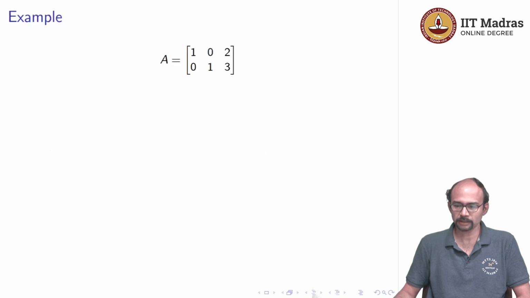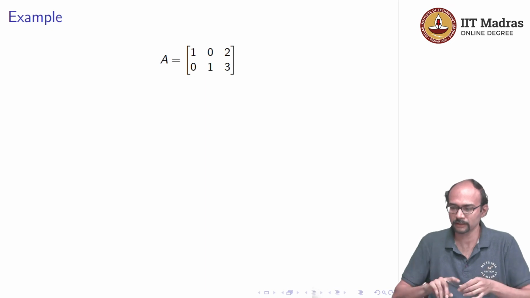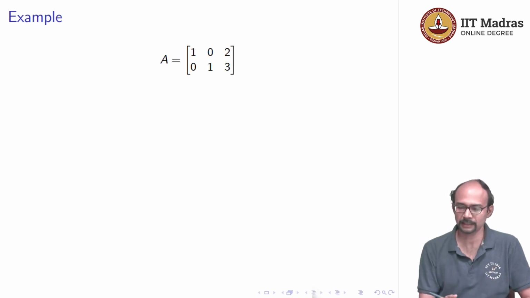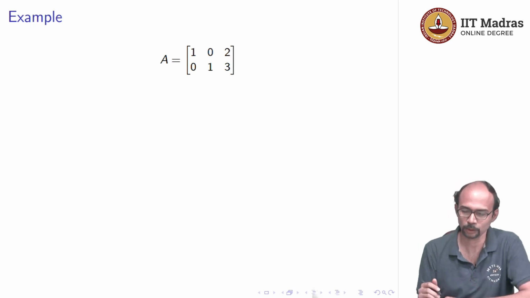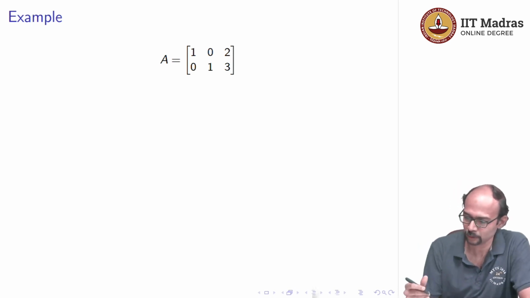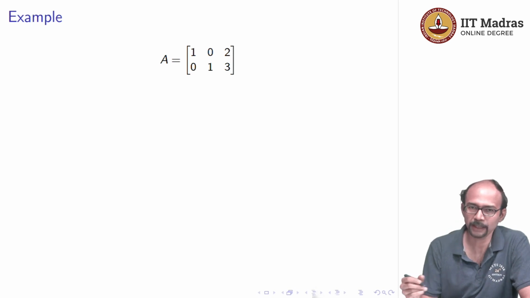So let's look at the example of this matrix. A is the matrix with first row 1 0 2 and second row 0 1 3. Let's see how we can find solutions for this. Here I am going to write down the corresponding equations.